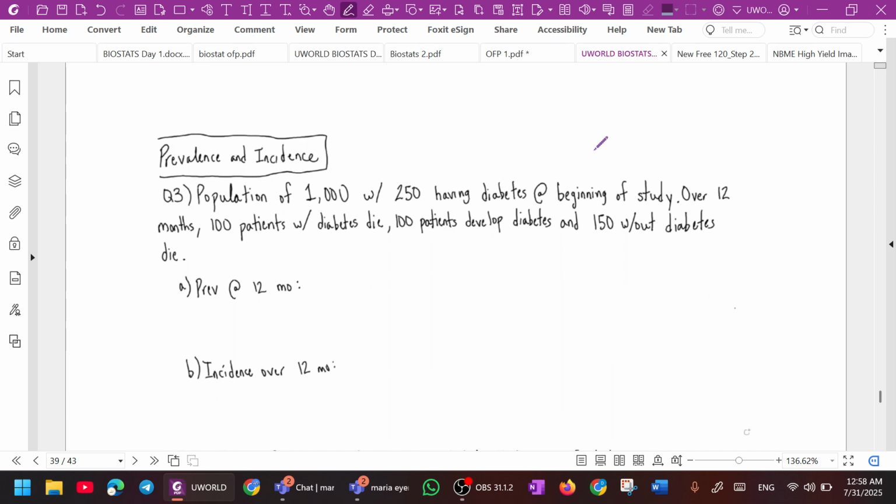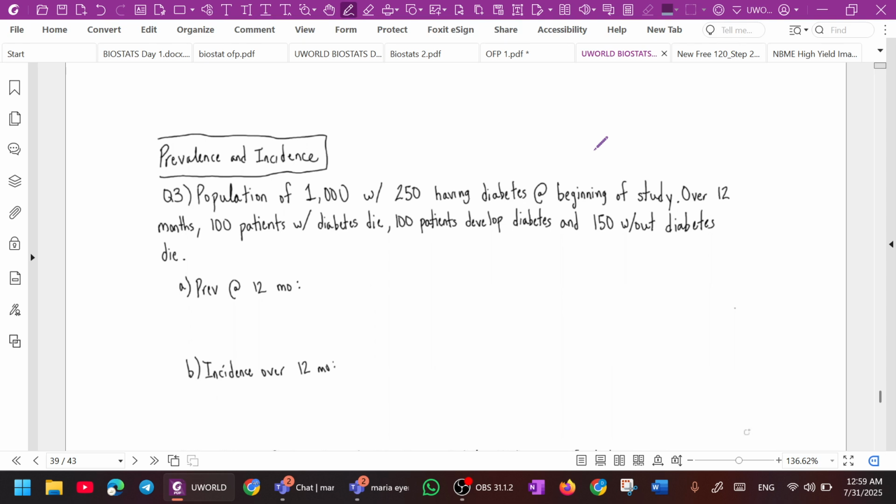This doesn't make sense to me. The 100 makes sense, because only 100 patients developed diabetes during the 12 months. The 750: we started with a population of 1,000, and 250 had diabetes at the beginning of the study.